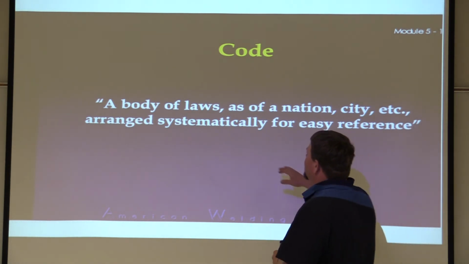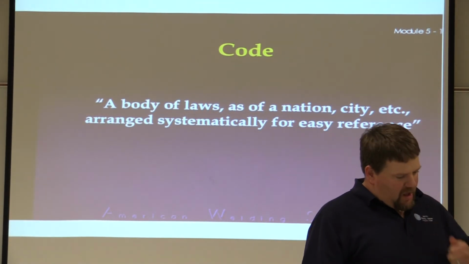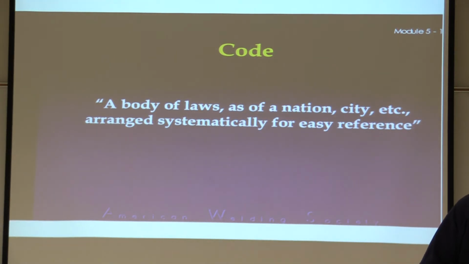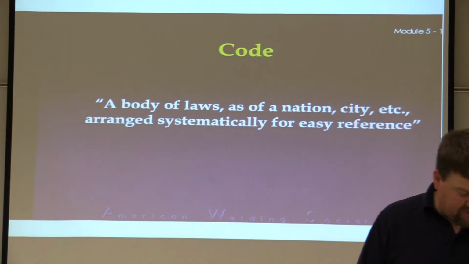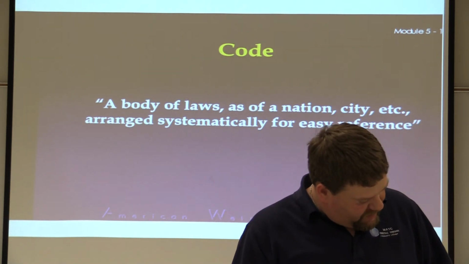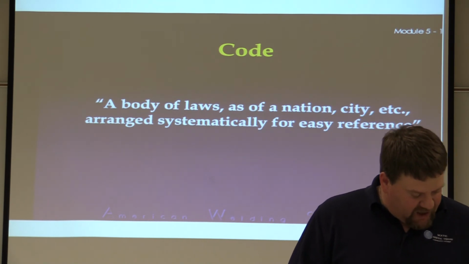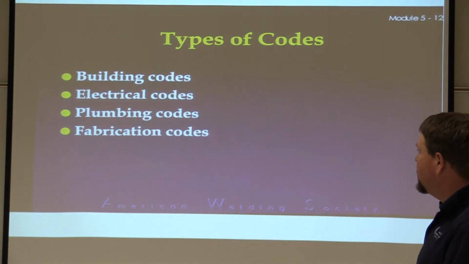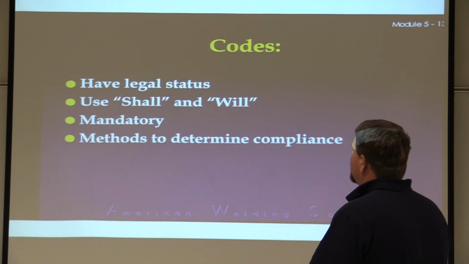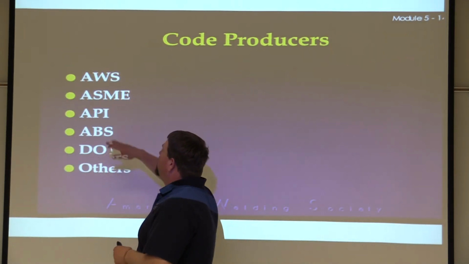So this is exactly what it means. It is a law. All right? And then it goes on to say, when a structure is built within the jurisdiction of a city or state, it must often comply with certain building codes. Since a code consists of laws having legal status, it will always be considered mandatory. Okay?